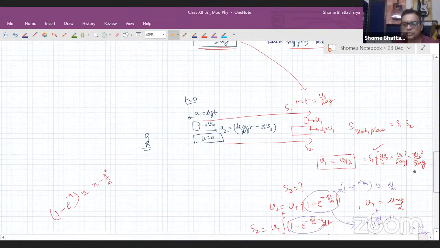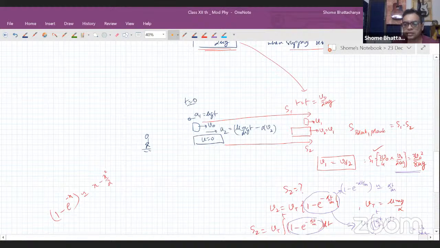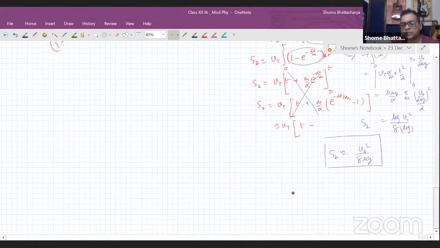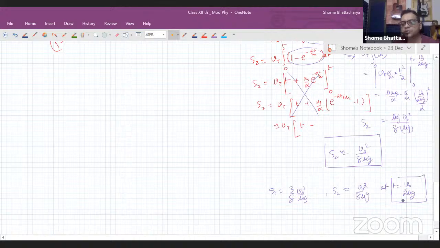Yeah, S1 was this 3 by 8, and S2 is 1 by 8. So S1 was 3 by 8 V naught square by mu g, and S2 is approximately V naught square by 8 mu g at t equal to V naught by 2 mu g, when slipping stops.